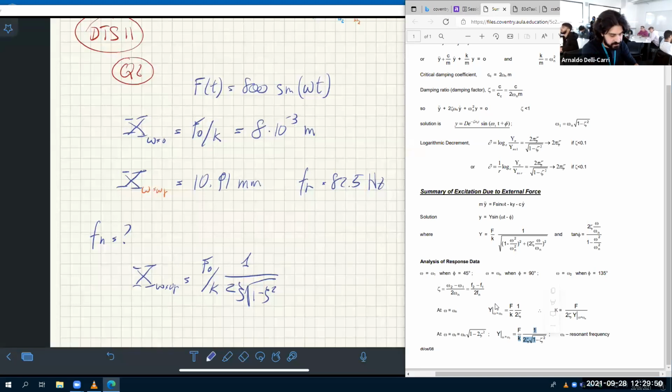And this is a number. Do I know zeta? I don't know anything, but I can find k. I can find k from here. So first I find k. From here, k is just x over f0. No, sorry, F0 over x.